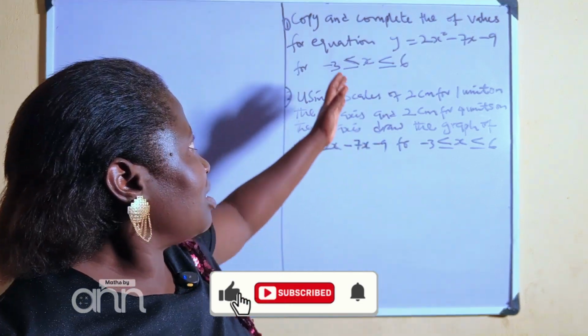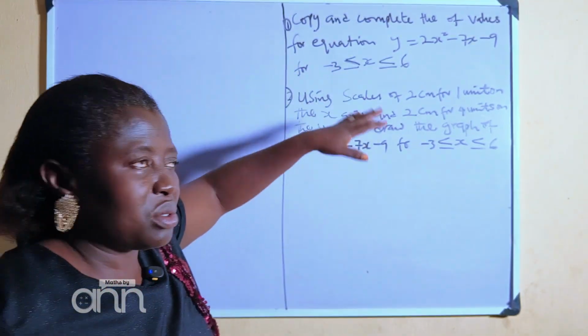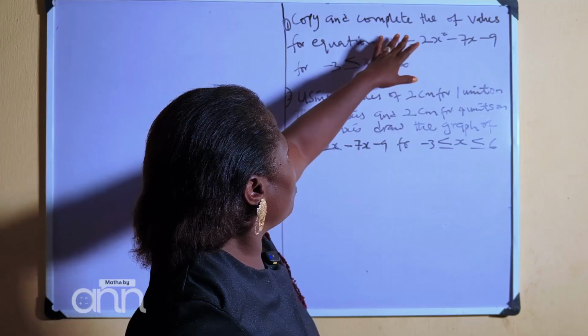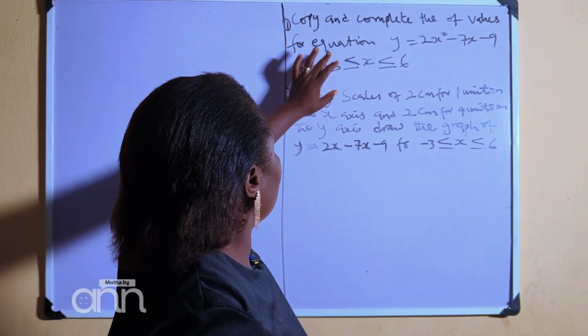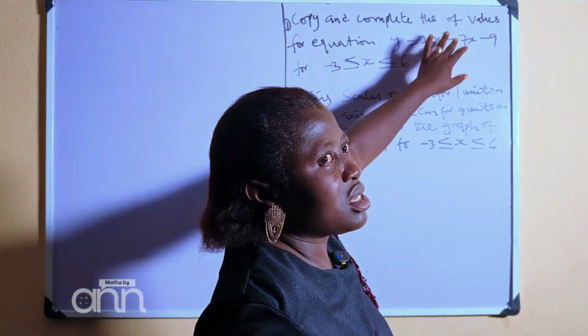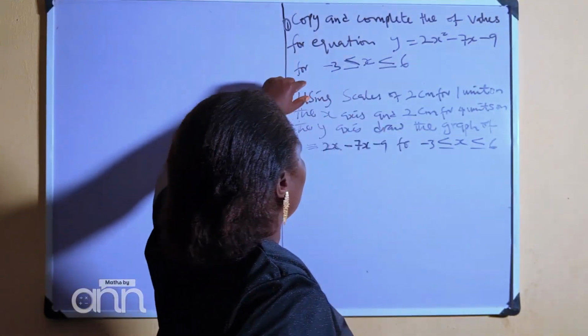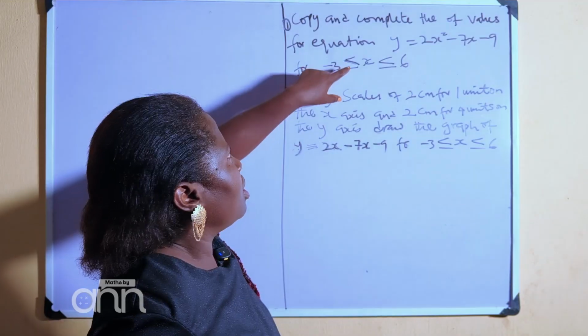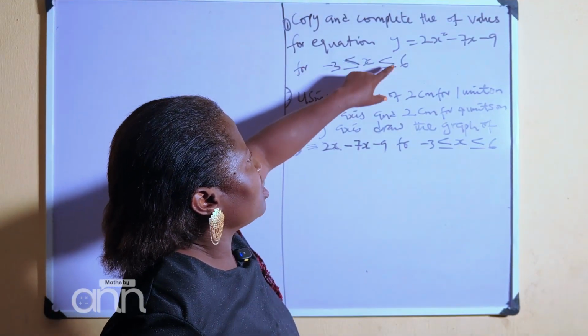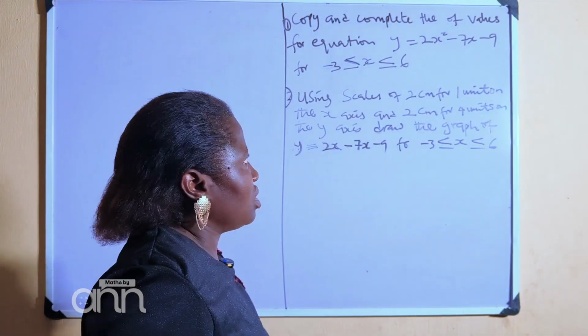This is a 2016 WAEC question. Copy and complete the values of x for the equation y equals 2x² minus 7x minus 9 for minus 3 less than or equal to x less than or equal to 6.